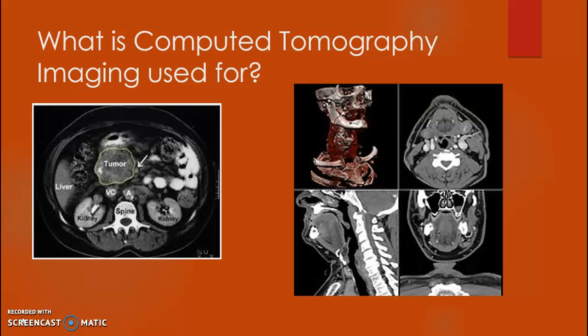As you can see in the images on the right, I've reconstructed the images to make a 3D picture of the person's face and neck. And then on the image on the left, you're able to see that with the imaging of the body you can actually slice through the body as if it were sliced bread, and then pull out a slice of bread, and you can see what organs sit in that part of the body.